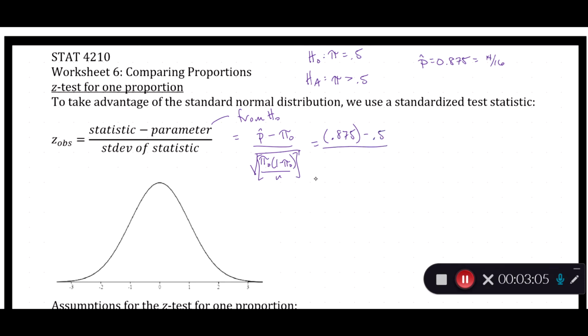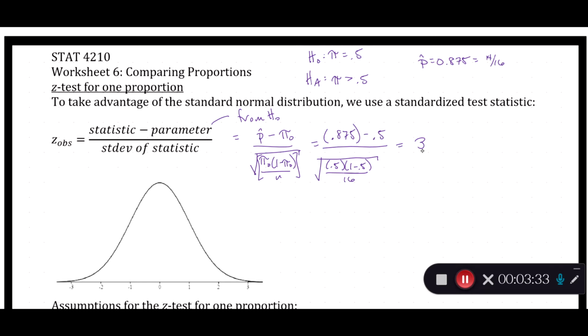The standard deviation of the statistic is the square root of 0.5 times 1 minus 0.5 all over 16. So n is 16 because there were 16 babies in the sample. We use 0.5 times 1 minus 0.5 because we're hypothesizing there's a 50-50 chance that babies prefer helpers. When we work all of this out, we end up with a z-statistic of 3.